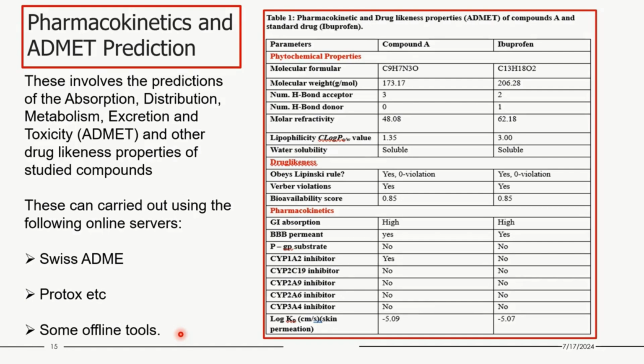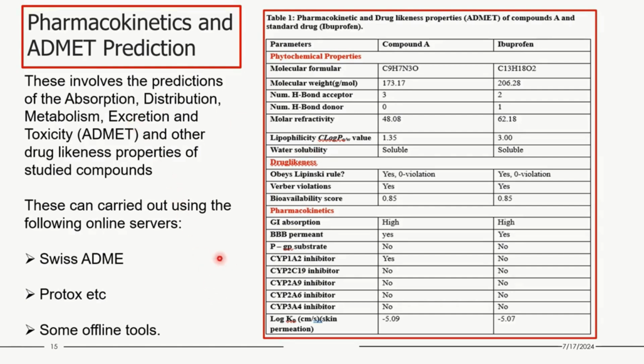You also need to investigate the pharmacokinetics and ADMET properties of it, the drug likeness properties of it. Like we have earlier mentioned, ADMET means the absorption, distribution, metabolism, excretion, and toxicity properties of a particular compound. Each drug candidate will always have these properties.